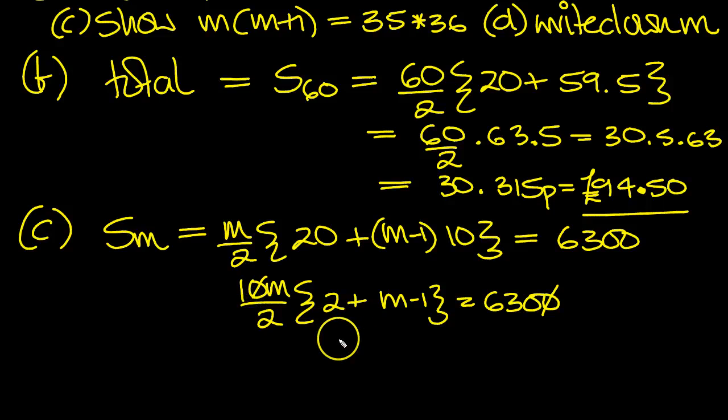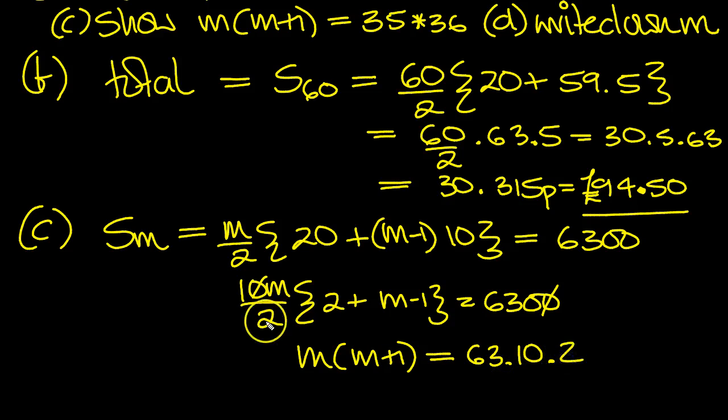And then we've got m times the bracket m plus 1 is equal to, now the 2 can come up to be with the 630, and 630 is 63 times 10. So that's equal to 9 times 7, 9 sevens is 63, times 10 times 2.